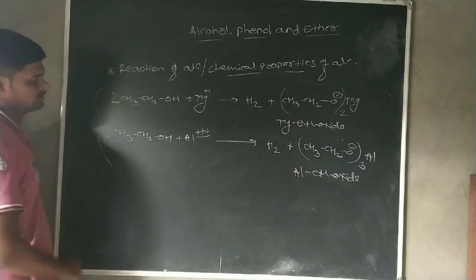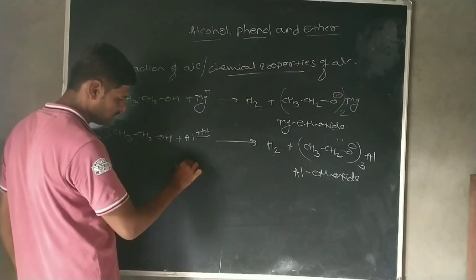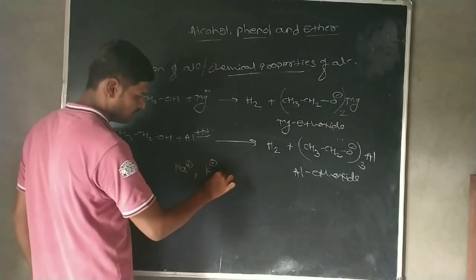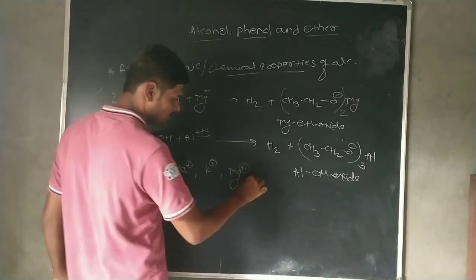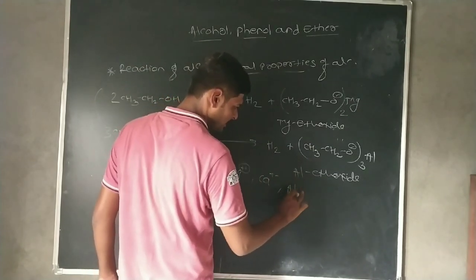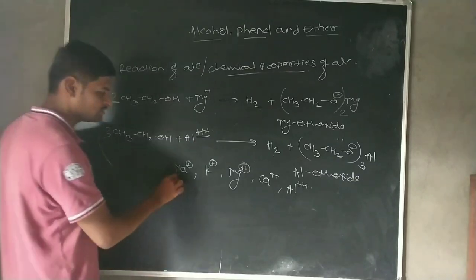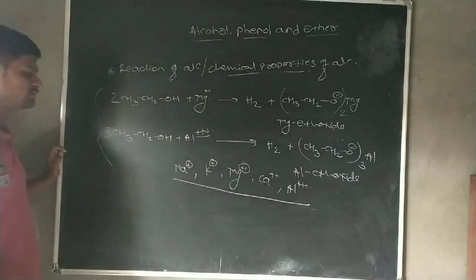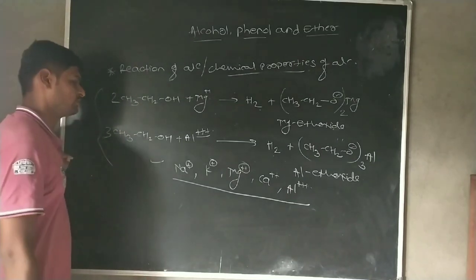From these reactions, when alcohol is reacted with Na+, K+, Mg2+, Ca2+, or Al3+, alcohol gives their respective, corresponding salts.